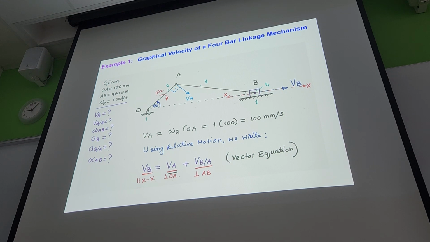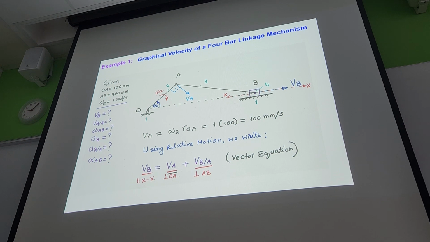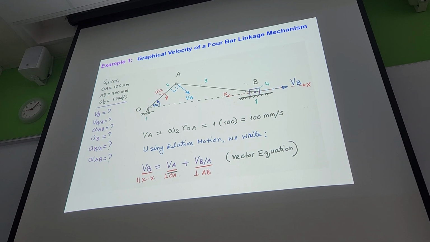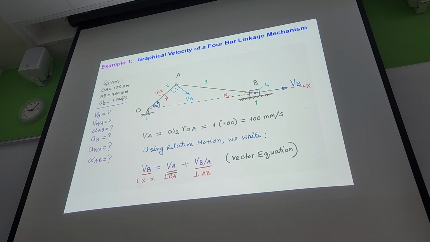In air traffic control, we use relative motion. Before computerization, they used to use a ruler in the control tower to determine the two aircraft distances from the control tower and the relative distance between them. Subsequently, they can also calculate the velocity. So this principle we learned in our engineering.